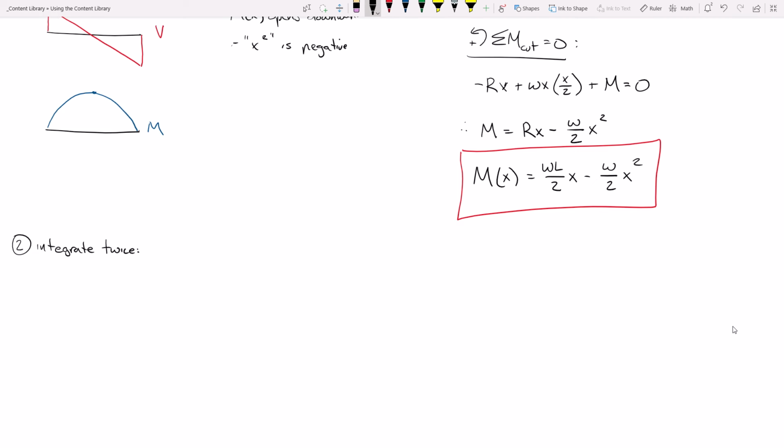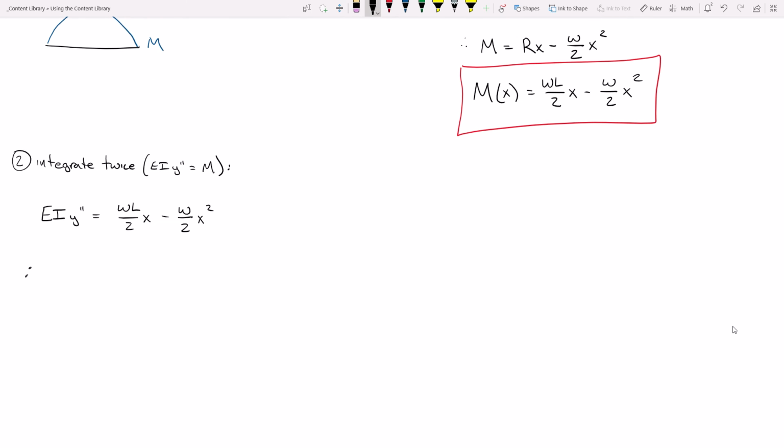So remember, we're saying that EI y double prime is M. What that means is that EI y double prime is WL over 2 times X minus W over 2 X squared. So therefore, how do I determine EI y single prime? Well, I need to integrate. I need to integrate all of this.